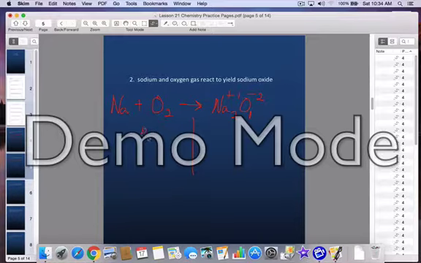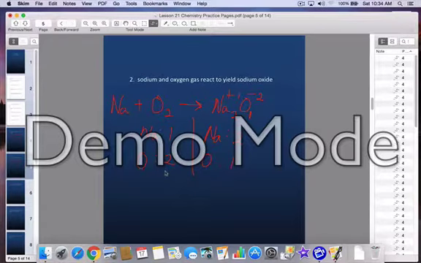So we have sodium and oxygen, and we'll put our colons. Can we count? We've got 1 sodium, 2 oxygens, and 2 sodiums, 1 oxygen. Okay, you can see we're not balanced, 1 and 2 and then 2 and 1 over here.